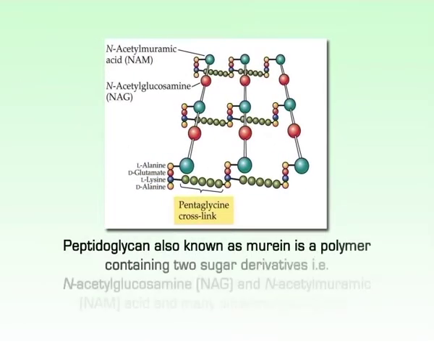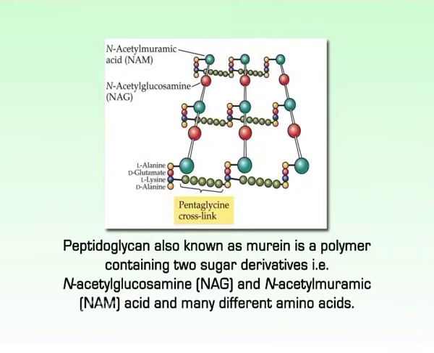Next, we'll come to the structure of peptidoglycan. So now we know that the cell wall of both gram-positive and gram-negative bacteria possess peptidoglycan, and the only difference is that gram-positive bacteria have a higher content of peptidoglycan. Peptidoglycan is also known as murein, and it is a polymer containing two sugar derivatives, N-acetyl glucosamine and N-acetyl muramic acid, and many different amino acids.